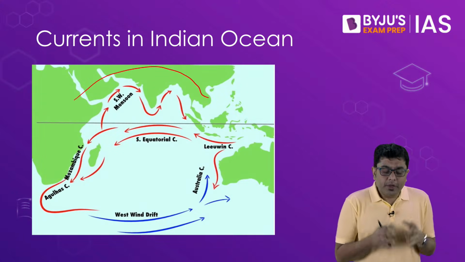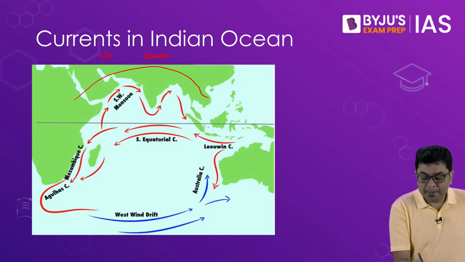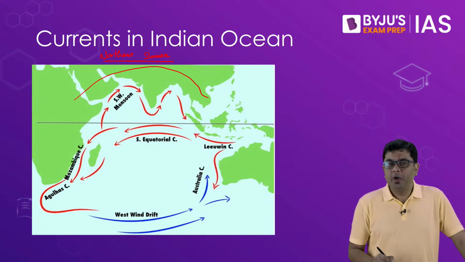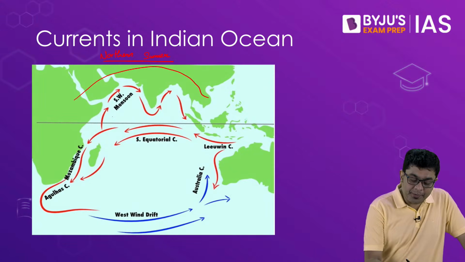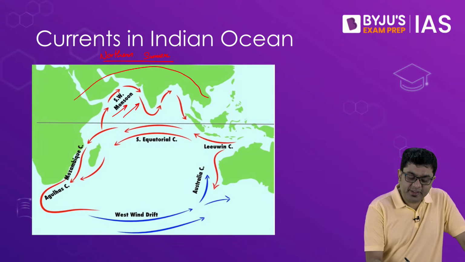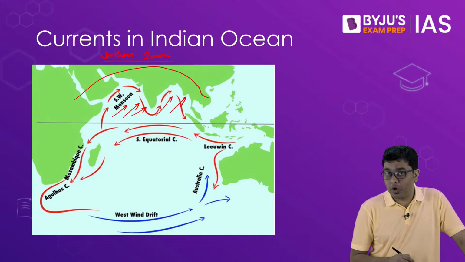So that is why during the months of June, July, or rather during the summer season, we can refer to it as the northern summer. During the northern summer, what is the direction of the wind? The wind pattern in general, you will observe during the monsoon season, is from southwest to northeast.